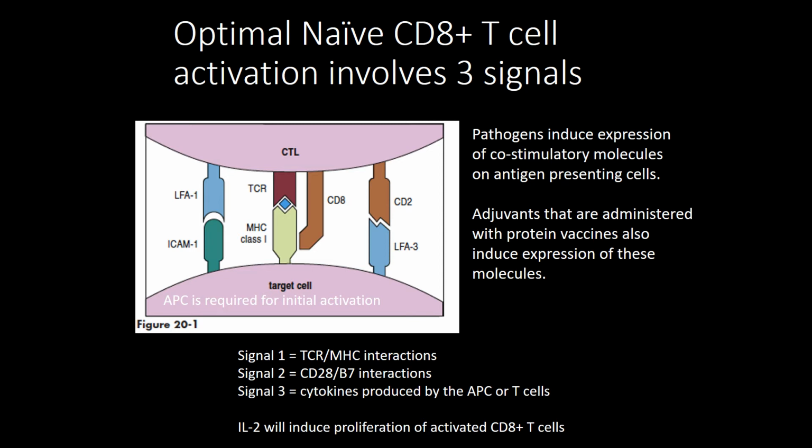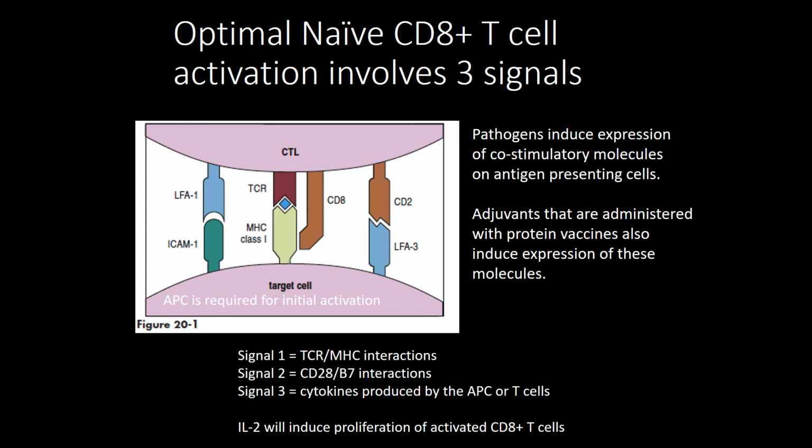So basically, the T cell receptor will interact with the MHC class 1 molecule carrying the peptide that T cell receptor is specific for. When that occurs, the CD8 molecule will interact with the class 1 molecule. And so that's the first signal. Okay. You now have that first signal there.